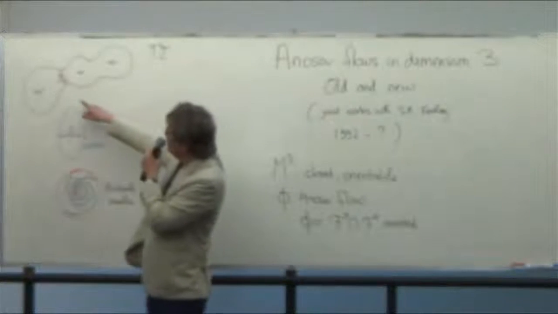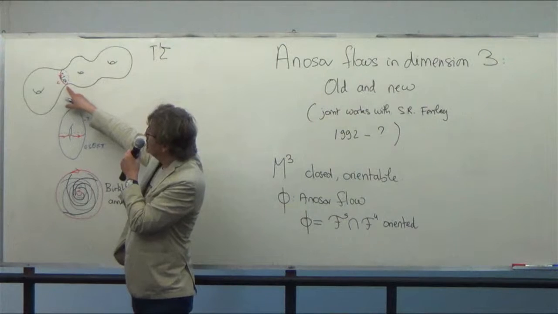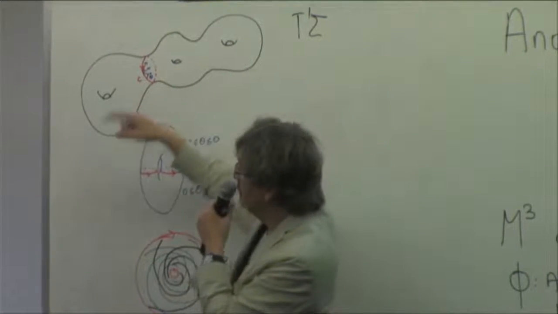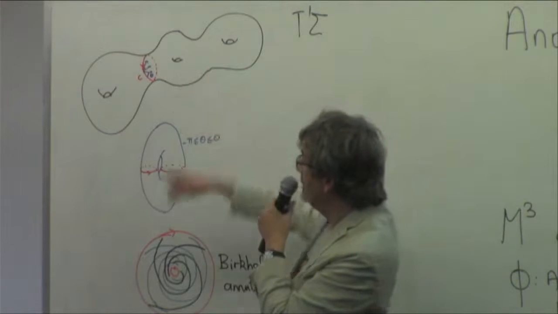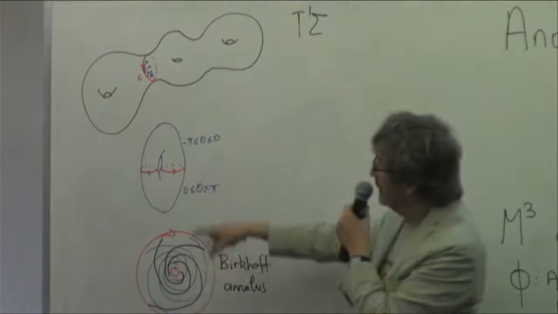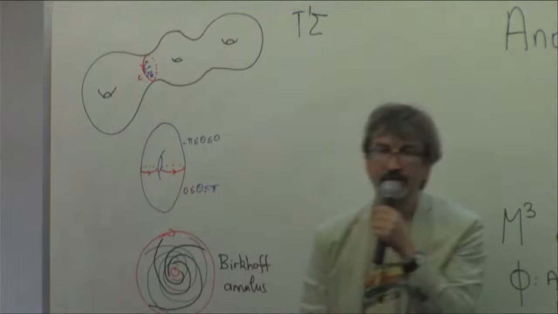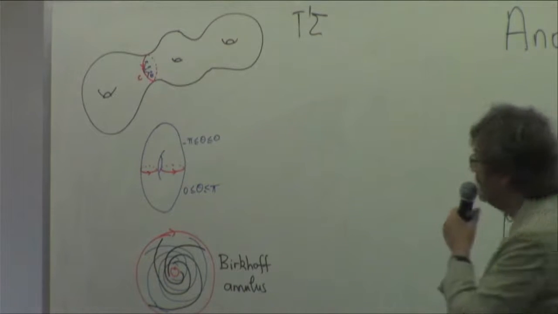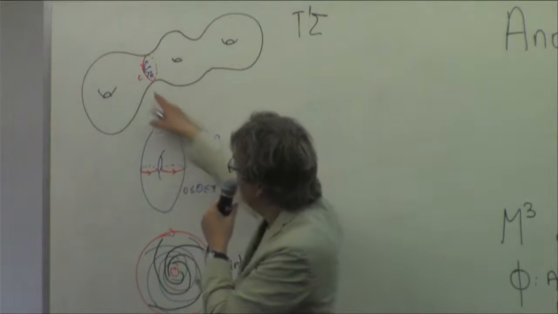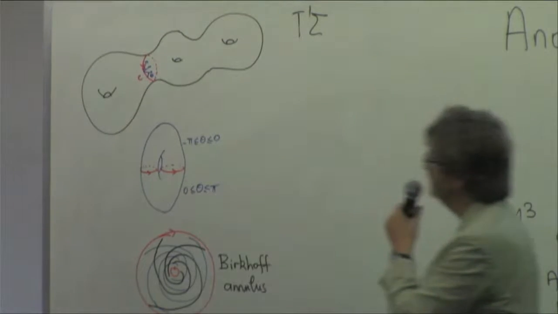If you take a loop which is a geodesic, then in this direction you will have a periodic orbit of the geodesic flow, and in the other orientation you will have the other periodic orbit, which both lie in a given torus above this red loop.